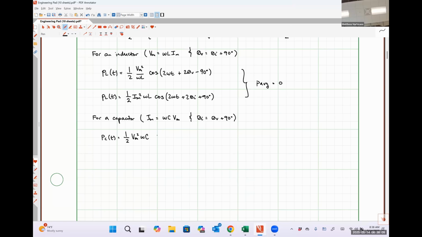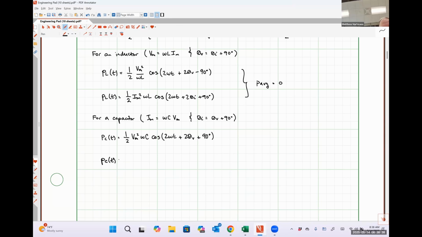Well, the cosine of negative 90 degrees is also 0. So we'll see that we have no average power absorbed by our capacitors. Moving on to the AC portion, we're just going to have cosine of twice omega t plus twice theta V plus 90 degrees.